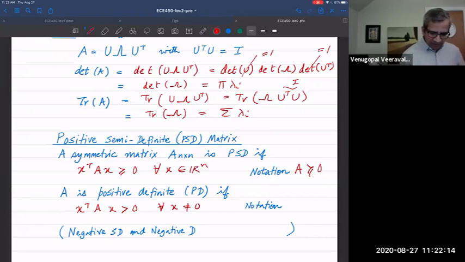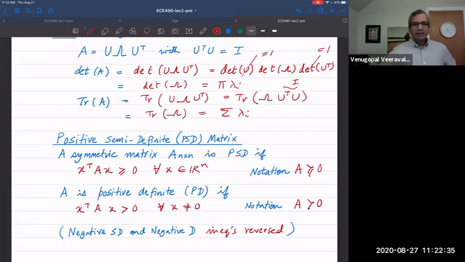And the notation for positive definite matrix is this. And if you look at negative semi-definite and negative definite matrices, all you do is basically reverse the inequalities. And that's the definition for those.